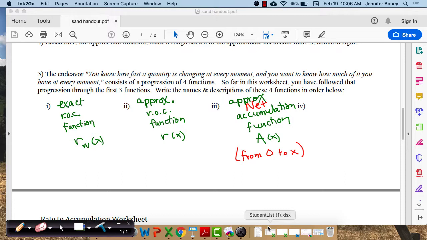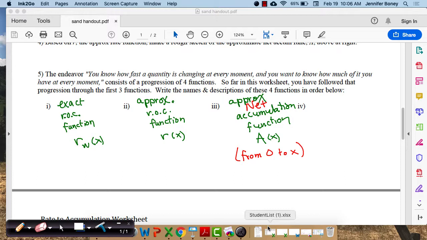But to get from an approximate accumulation to a better and better approximate accumulation, and we want it to be exact, we're going to have to do something other than just using rates every 0.3 seconds, because we're ignoring all the stuff that happens in between.